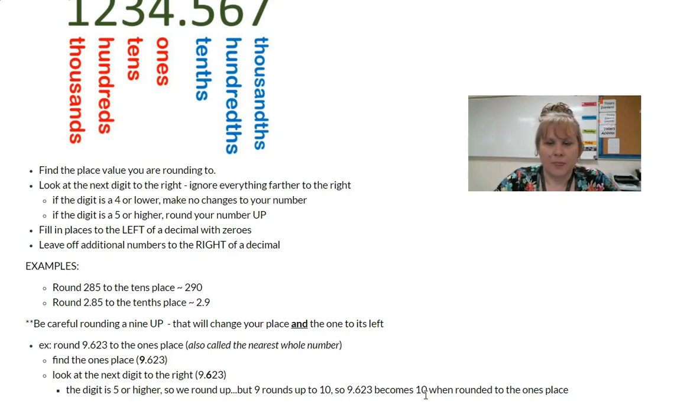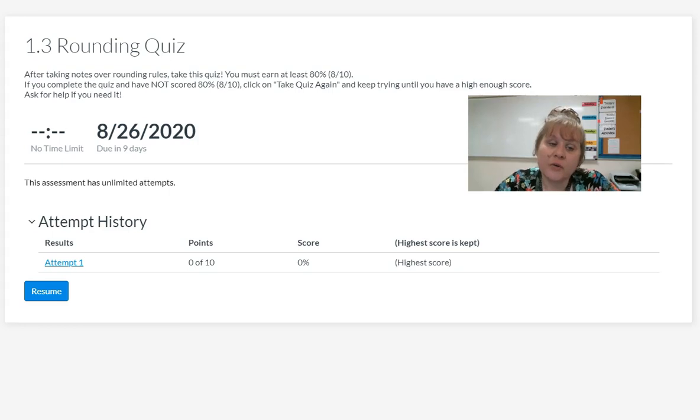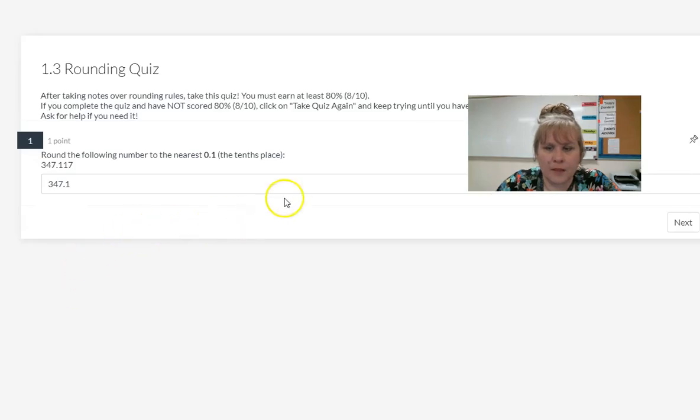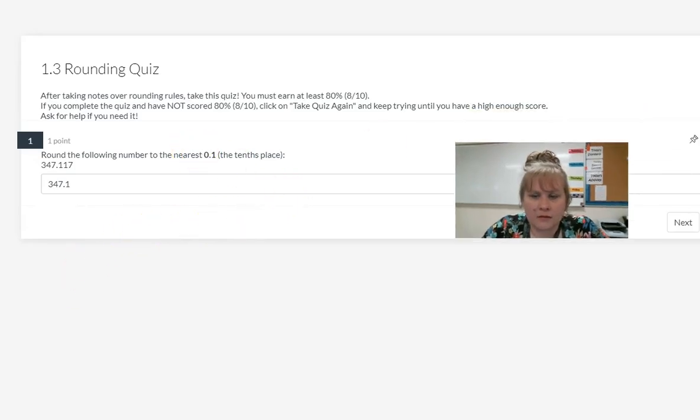The next thing that I'd like to do is to walk you through very quickly just a few practice problems. Your quiz will look very similar to this one. Round the following number to the nearest 0.1, meaning the tenths place.